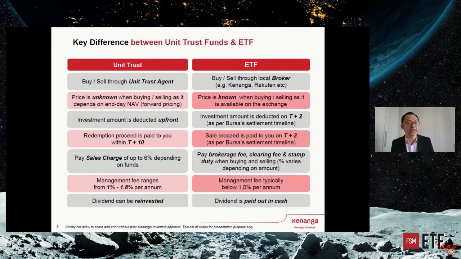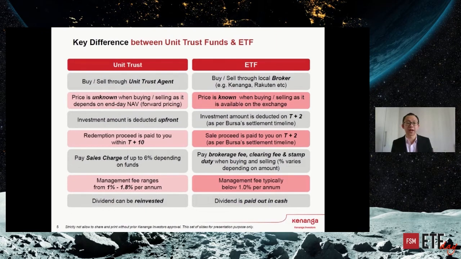So another area that we want to look at is the management fee. As we all know, unit trust funds do charge a management fee of 1% to 1.8%. While for ETF, because of the nature of it being a passive fund, it doesn't require a lot of active interaction from the fund managers, and therefore the fee will be much lower. It will generally be lower than 1%.